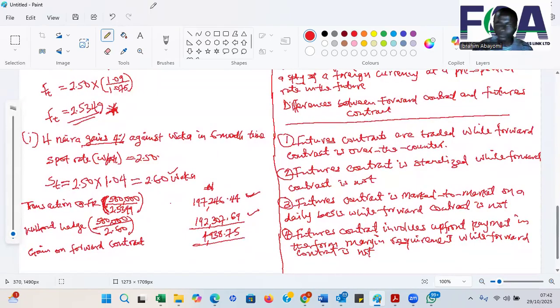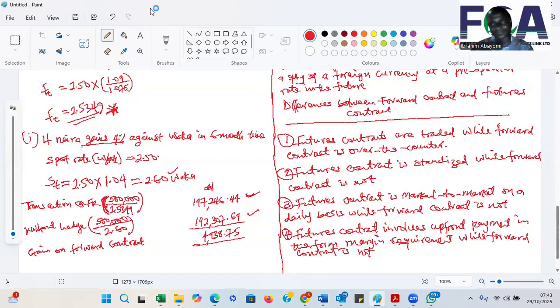So I said futures contracts are traded, while forward contract is over the counter. We explained that earlier when we did the forward contract. It's an arrangement between two parties directly. No middleman is involved. Futures contract is traded just like your shares.